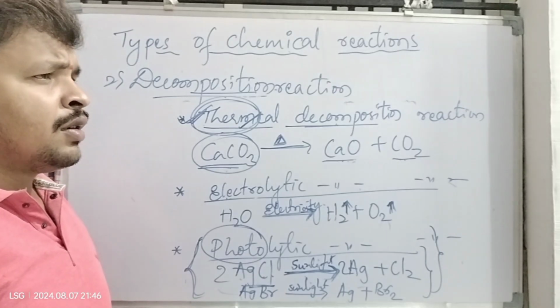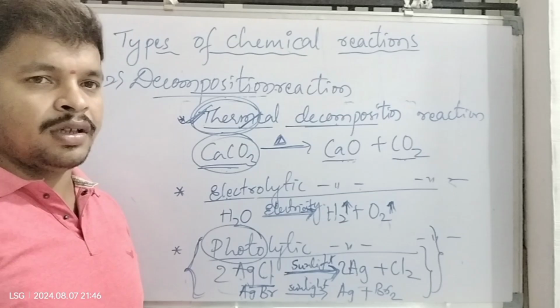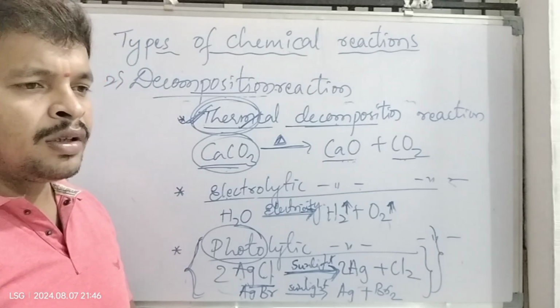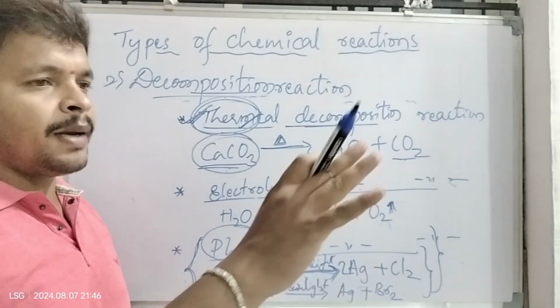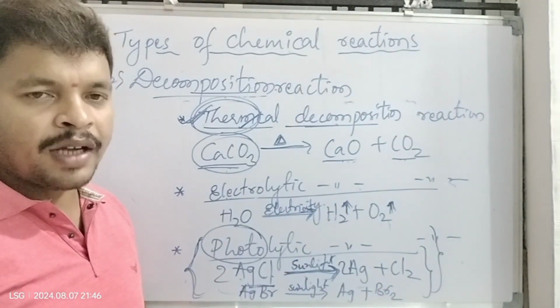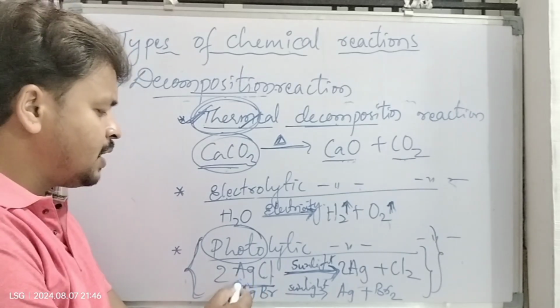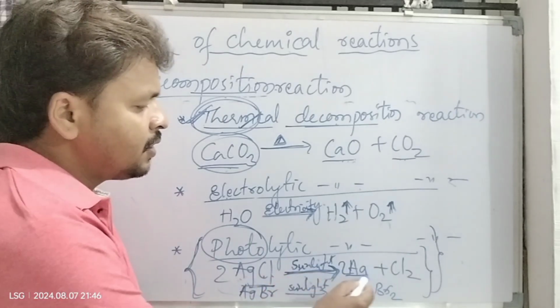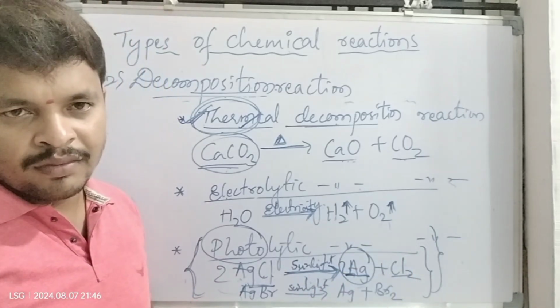And one question was asked, I think last year or two years back: what happens when silver chloride is kept in sunlight? What is produced? Silver and chlorine gas are produced.